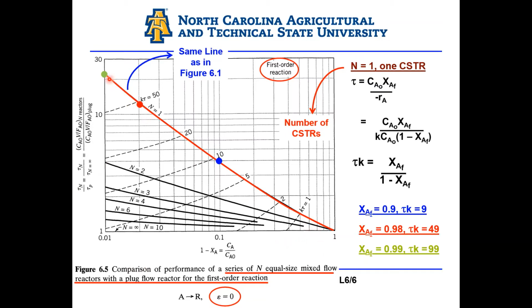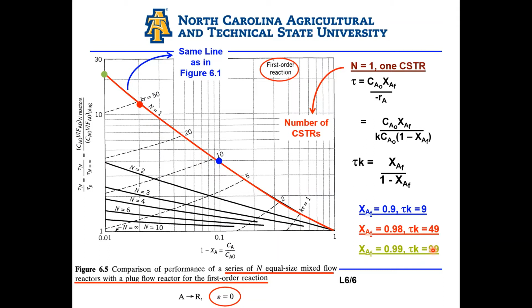If I'm just comparing one CSTR to one PFR, in order to increase the conversion from 0.9 to 0.99, requiring almost perfect conversion, my volume of reactor increases significantly. I need to increase the volume of the CSTR by 10, okay?